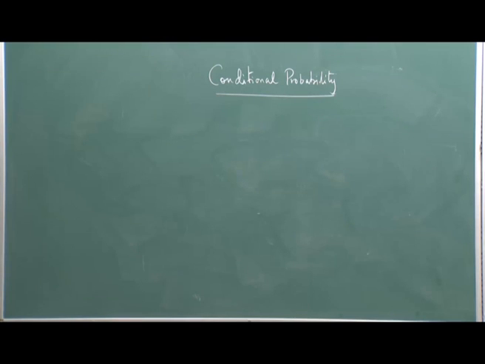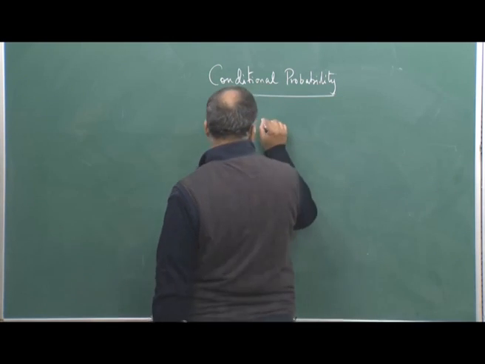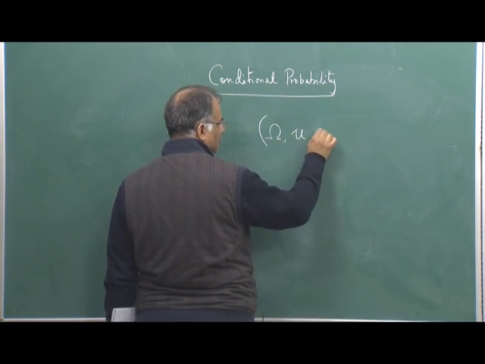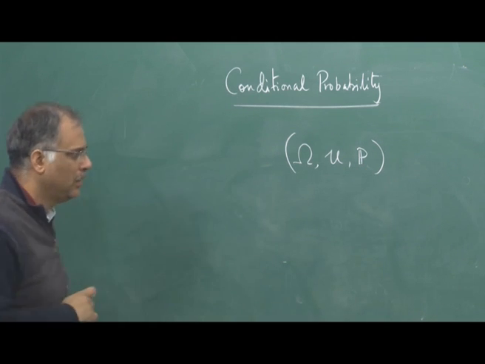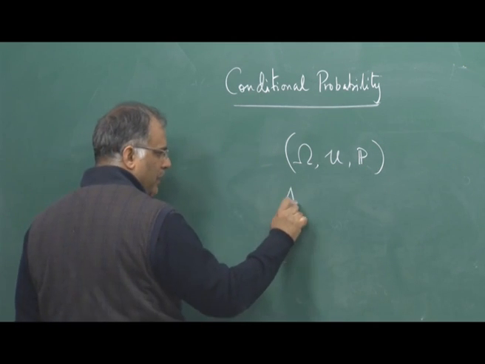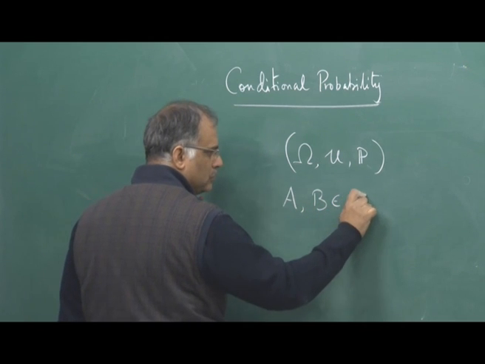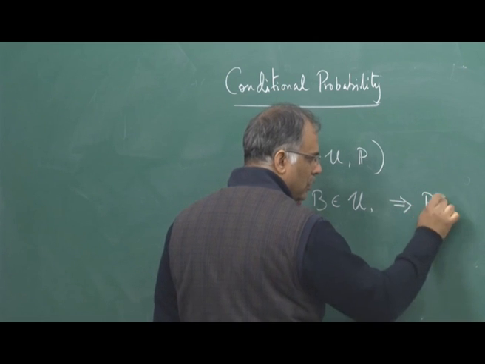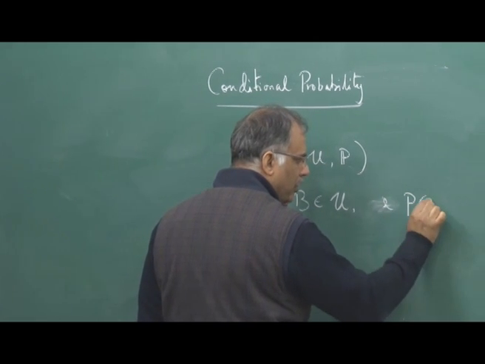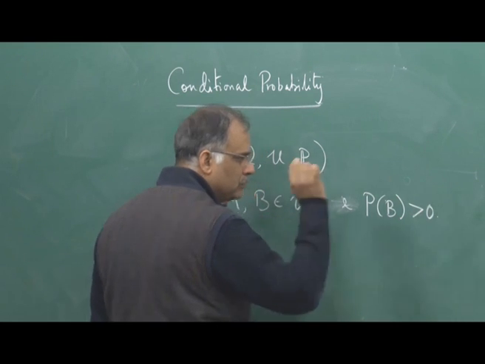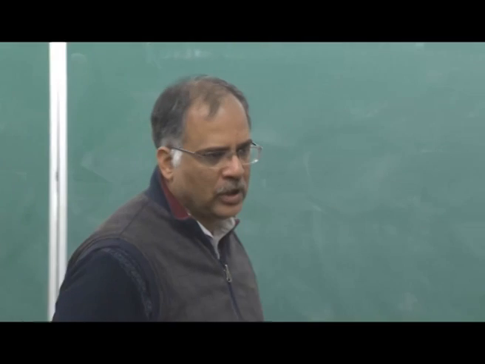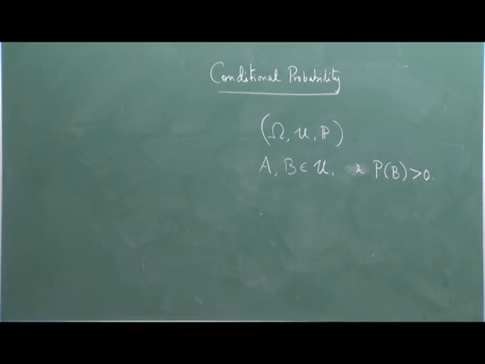Mathematically it means the following: I have a probability space and I have two events, A and B, and I also know that the probability of B is strictly greater than 0. That is, B can occur with a positive probability.